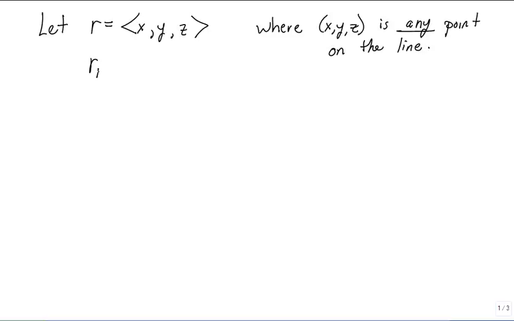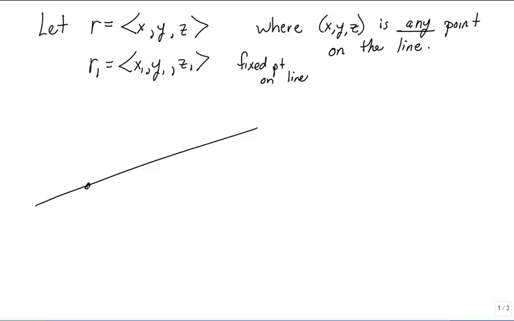And let r1 be x1, y1, z1, and that's the fixed point on the line. Okay, so if I draw a picture, here's P1.